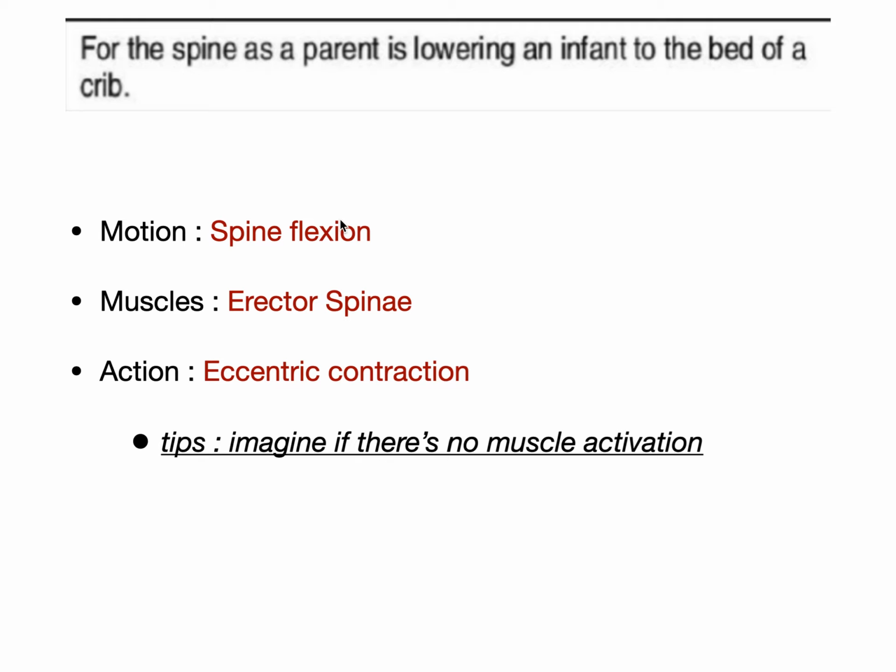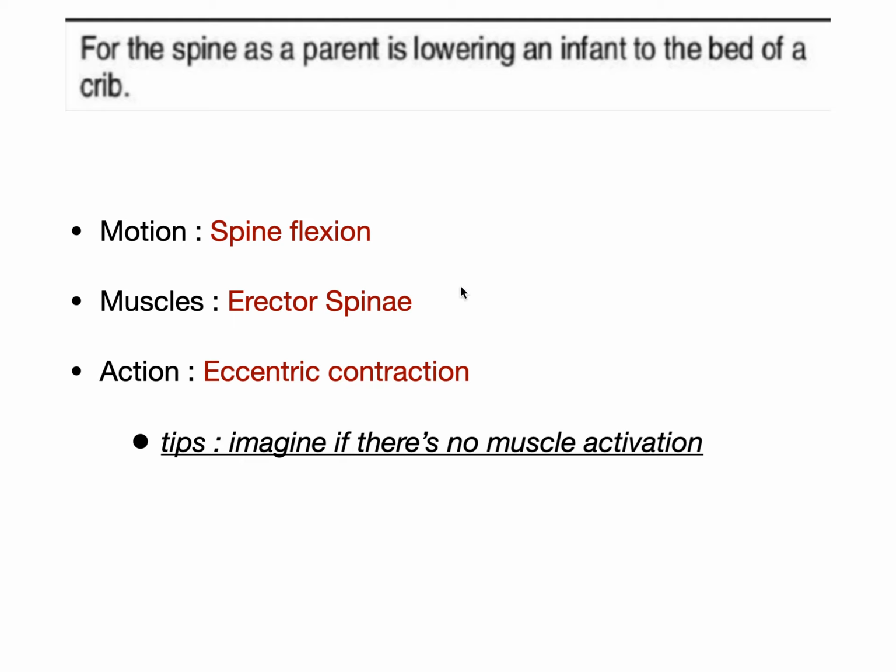The next scenario is for the spine, as a parent is lowering an infant to the bed of the crib. So it's spine specific. And the motion of the spine, thinking about when you're lowering something to the bed, it takes a little bit of imagination. Finally, you can see it's spinal flexion, right? And what muscle is doing the work?